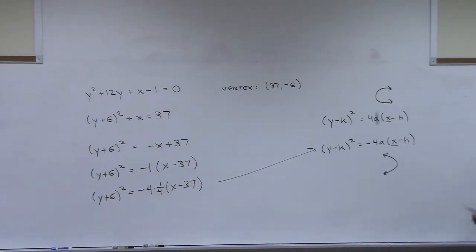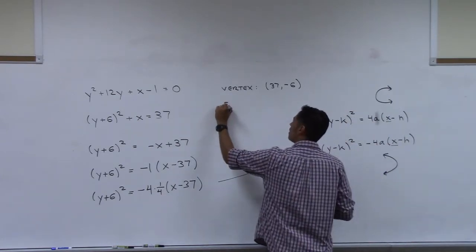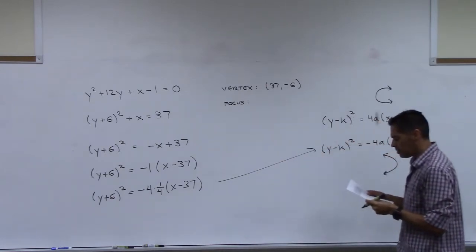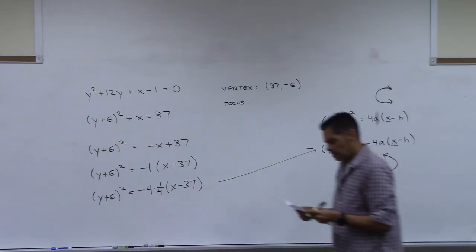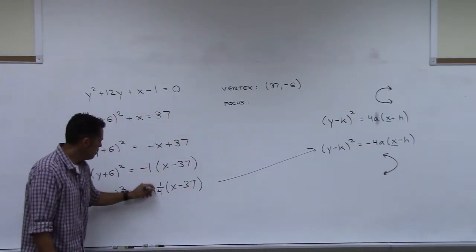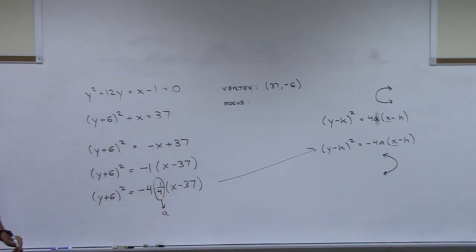Now, the focus and the directrix. Let's just see if we can figure out what they are. The focus, and then we'll talk about what they are graphically. The focus is, according to the formula, (h minus a, k). What was a for us? I don't think we ever determined what a was. What was a? That's a. a is 1/4, right?